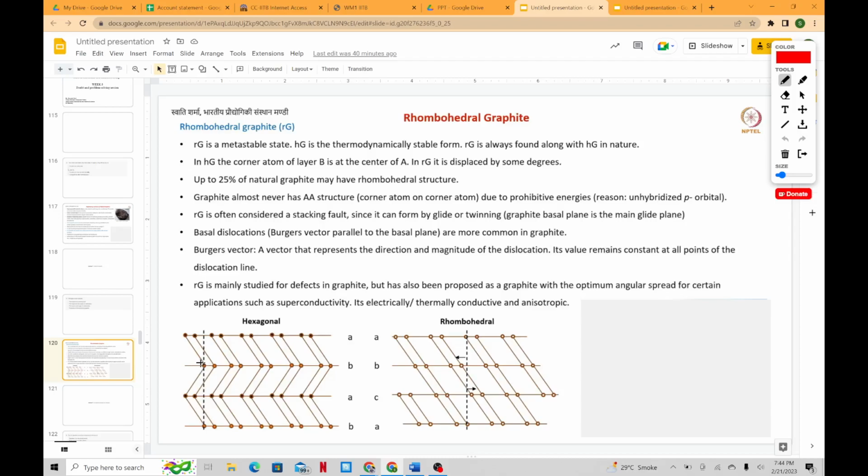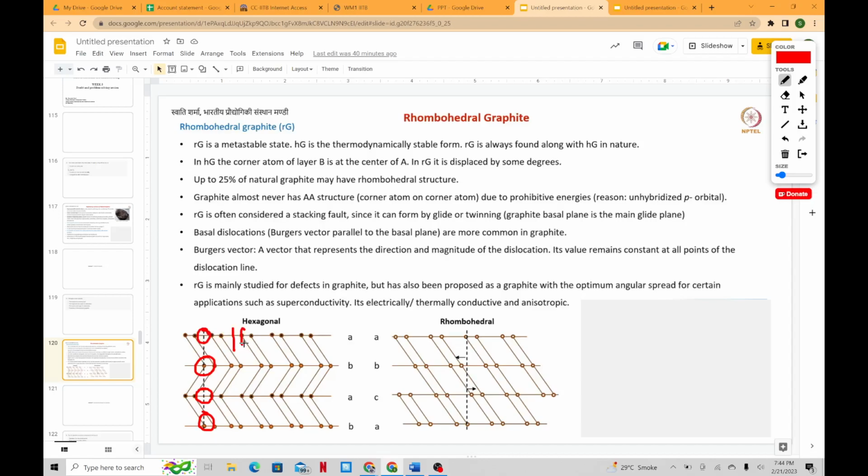The corner atom of layer B is at the center of A. So here you can see it is at the center; again it is at the corner, and at the A it is at the center. So this is the center, this is the corner.